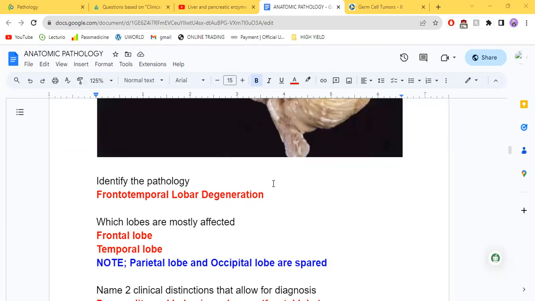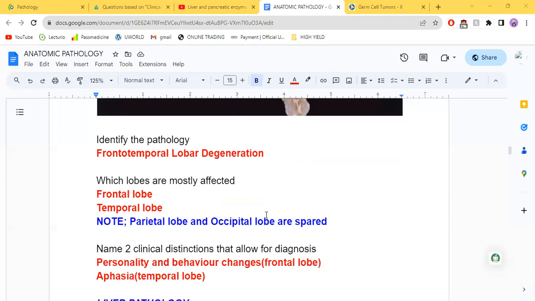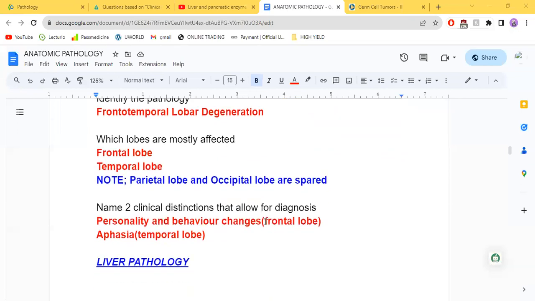So we have personality change, dementia, mostly Alzheimer's, but I'm not ruling it out completely. Apathy. Maybe the more characteristic ones are personality and behavioral changes due to the affected frontal lobe, and aphasia due to the affected temporal lobe.